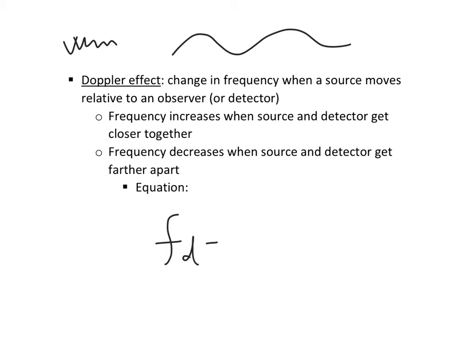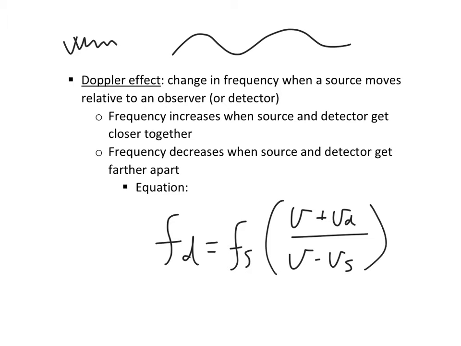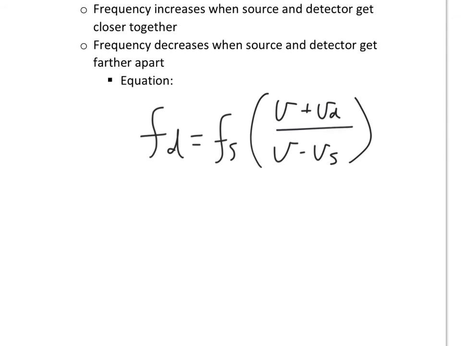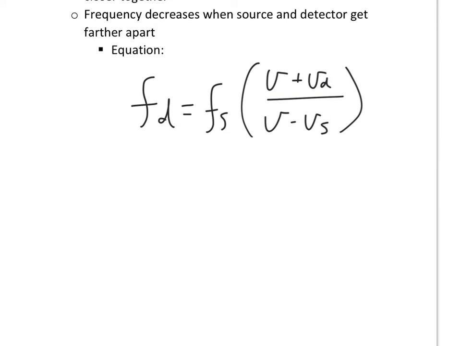I'll write what all of these are. FD equals Fs times (V plus Vd) over (V minus Vs). What are all of these? Let me circle this, or box it.